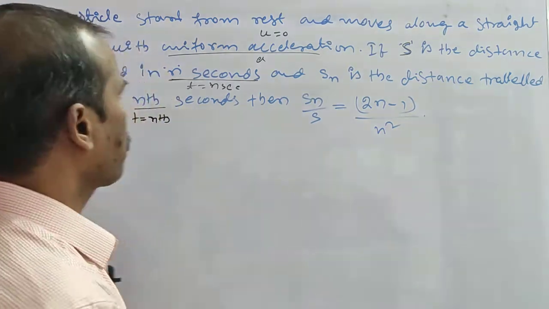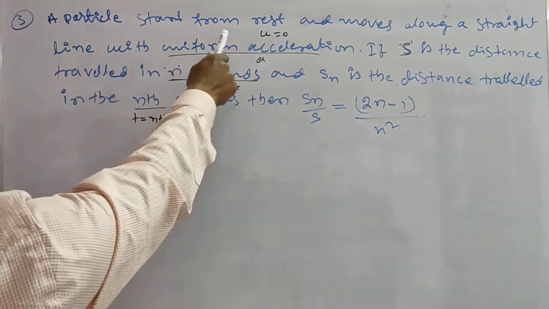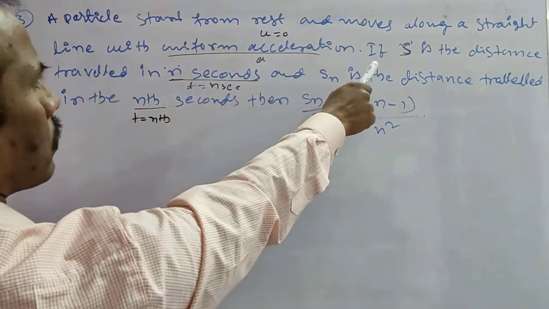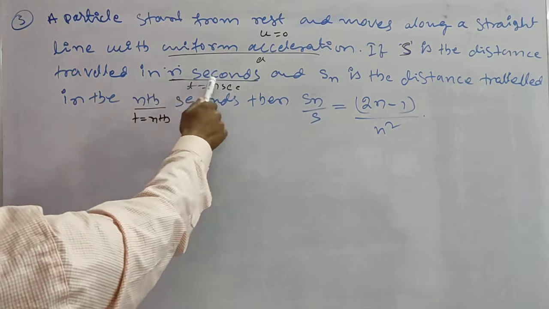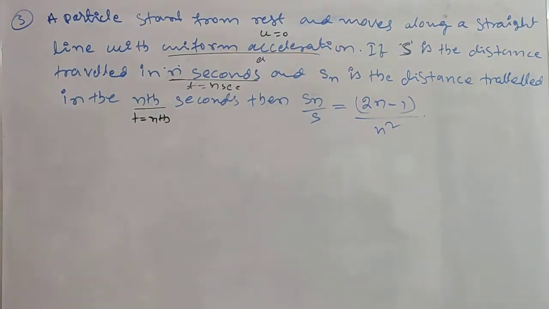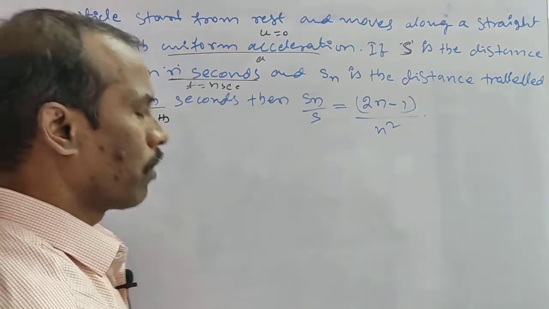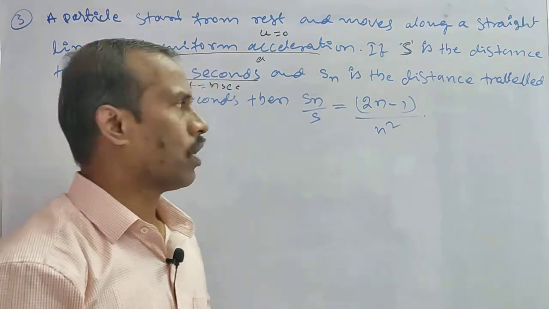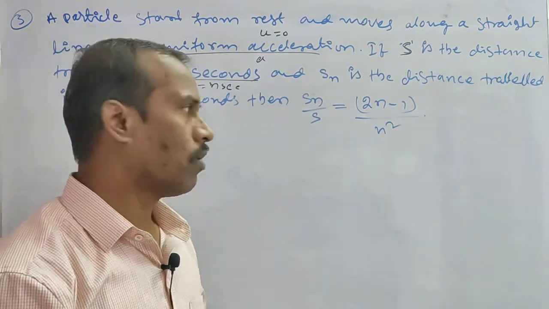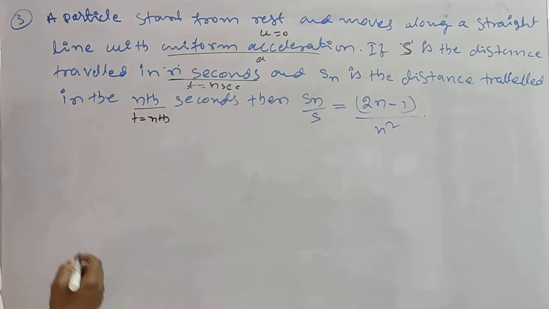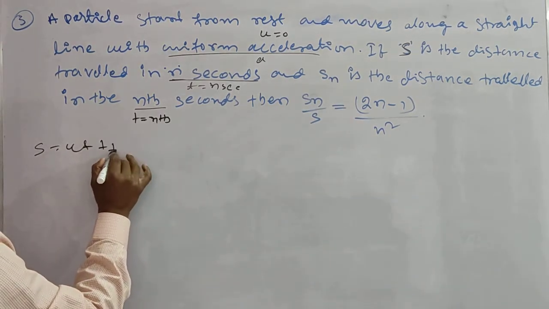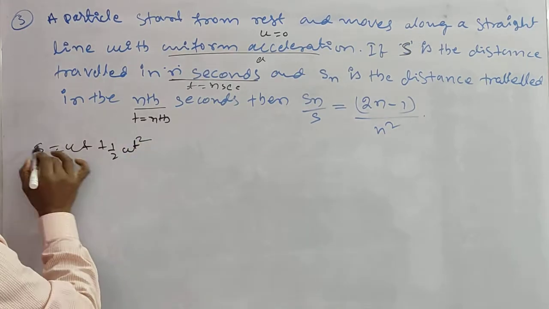Now once again, a particle starts from rest and moves along a straight line with uniform acceleration a. If s is the distance traveled in n seconds and Sn is the distance traveled in the nth second, then Sn by s is equal to 2n minus 1 by n square. So how do we get this formula? First of all, the second equation of motion: s is equal to ut plus half at square. This is the general formula.